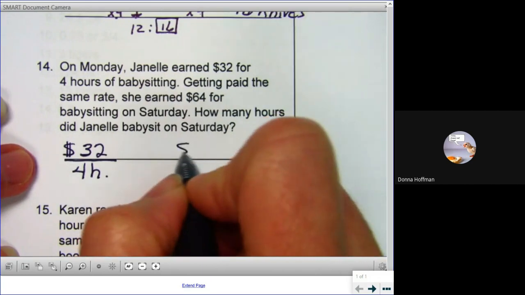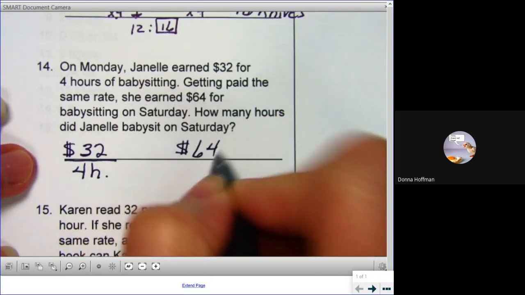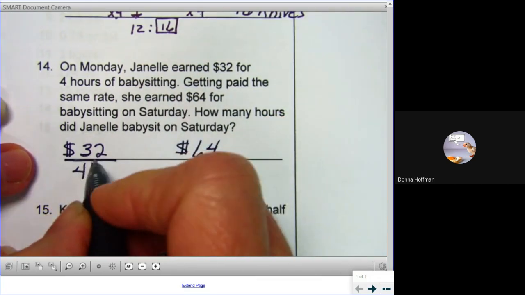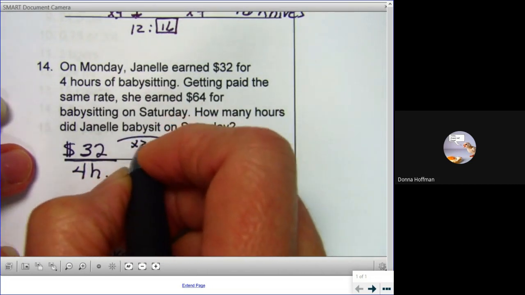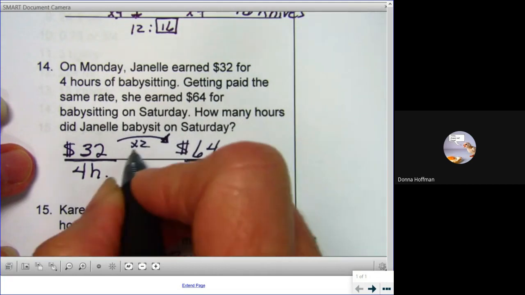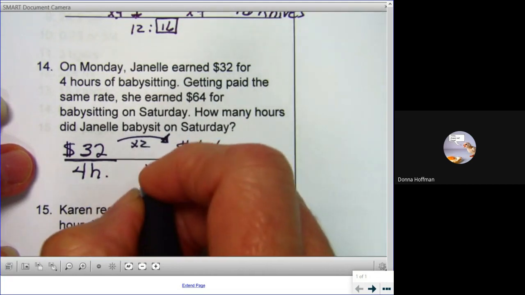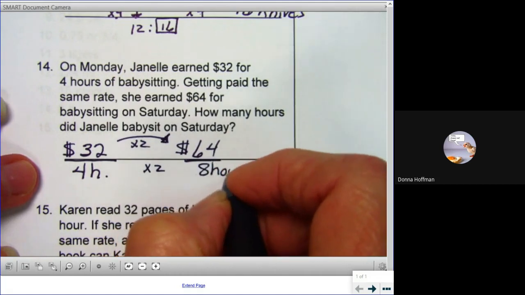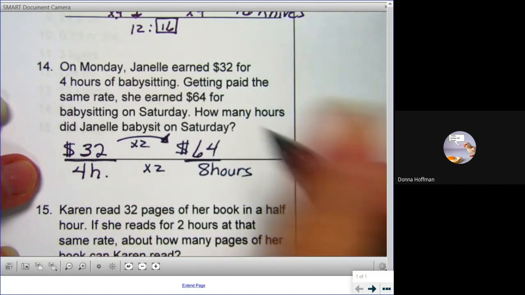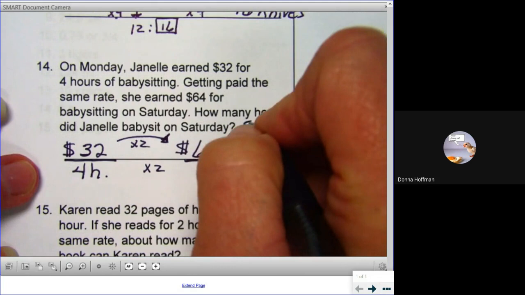And I can already see 64 is going to be friendly with 32 because I just double it. So I multiply it by 2. If I did that to the top, I've got to do it to the bottom. She babysat for 8 hours.